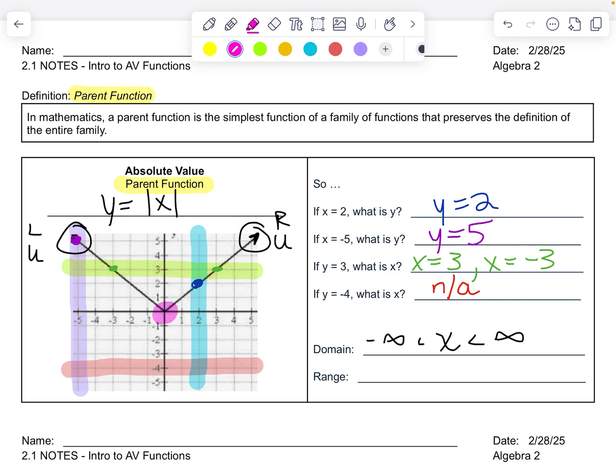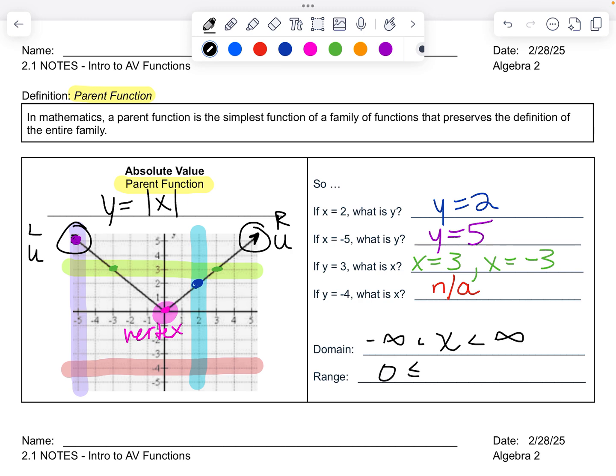In fact, there's a special name for that we'll go over. That location where we're changing directions is known as the vertex, which we'll talk about a lot going forward. But we know that there's no point below that location, and if I'm looking at range, I'm talking about y values. I only have the word up. The lowest location is 0.